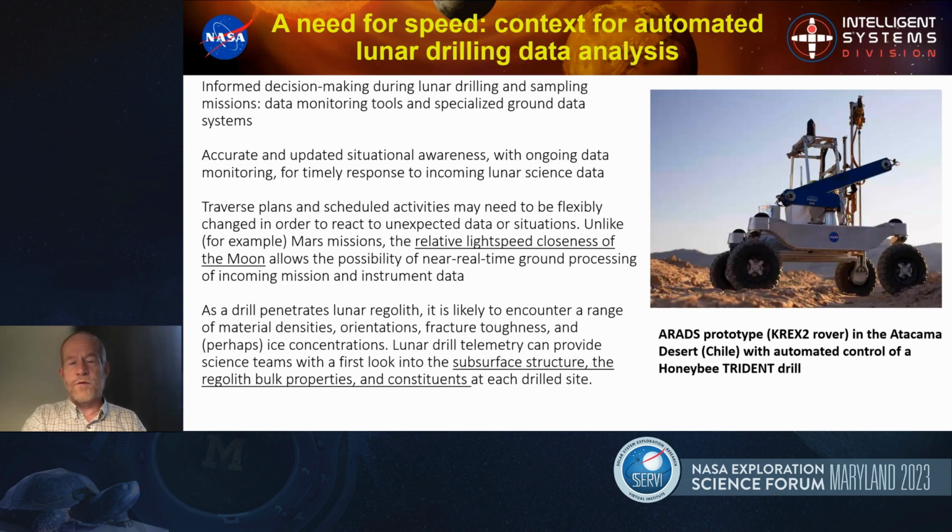But more fundamentally, if we're trying to have enhanced situational awareness, we want an astronaut or a science team for a rover or a lander mission to be able to make informed decisions while we're doing drilling and sampling, being able to monitor the telemetry coming in and flagging when we think we are seeing, say, volatiles, or if we are getting stuck.